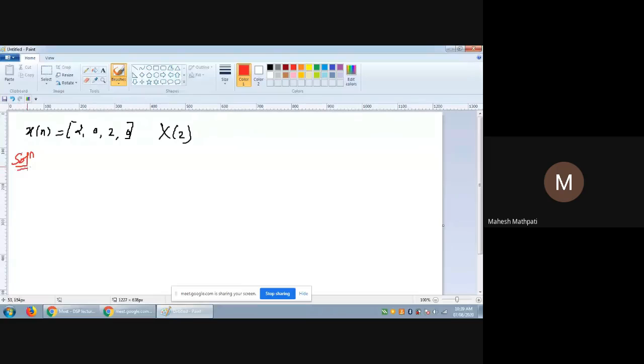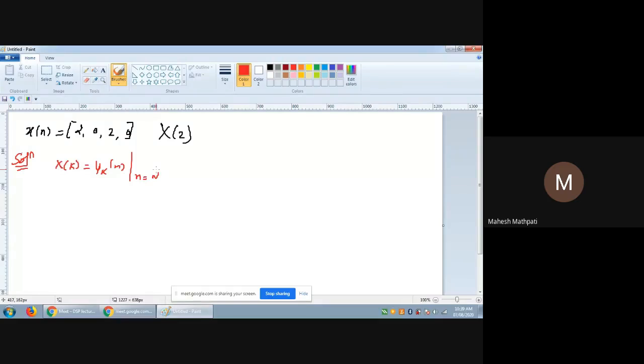Okay. So what is our Goertzel algorithm condition? We have it is like x of k is equal to yk of n at the value of n equal to capital N. Okay, as we have derived yesterday this equation.